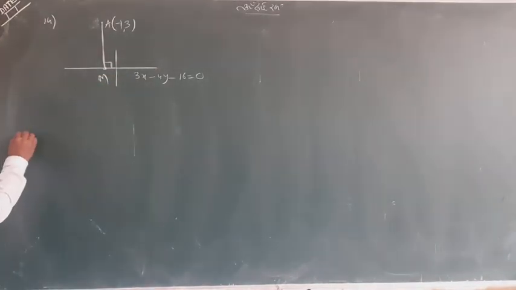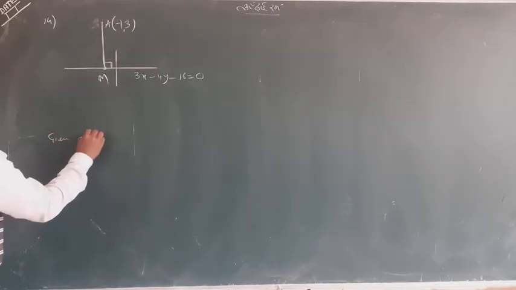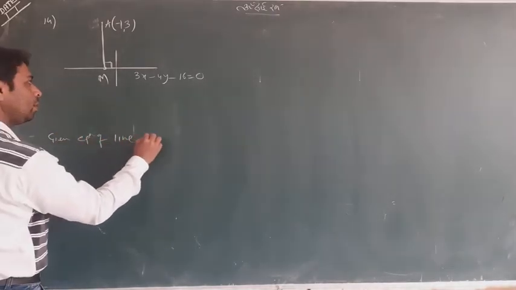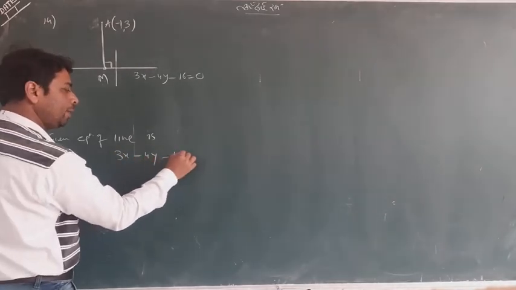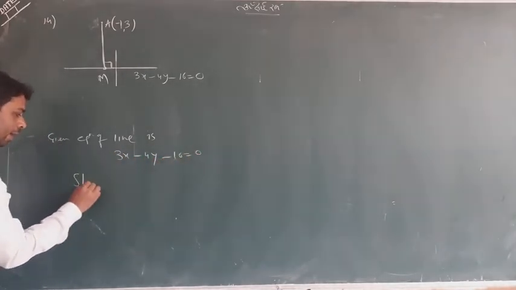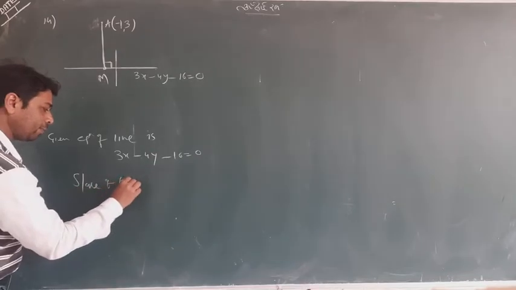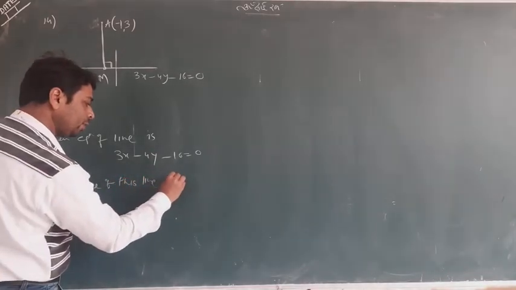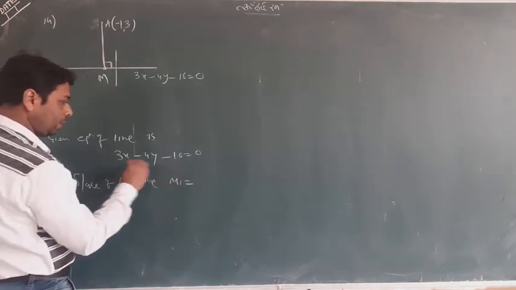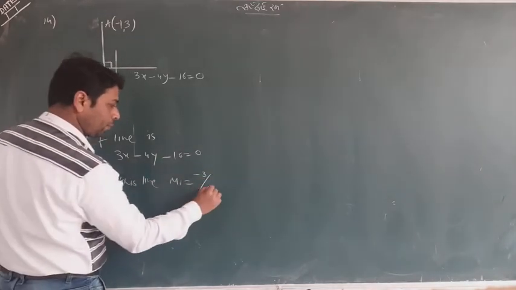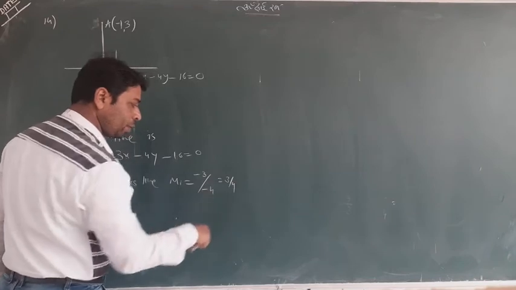Okay, so let me say something. Given the equation of line is 3x minus 4y minus 16. I write first the slope of this line. You know the shortcut m1, minus coefficient of x over coefficient of y, 3 by 4.